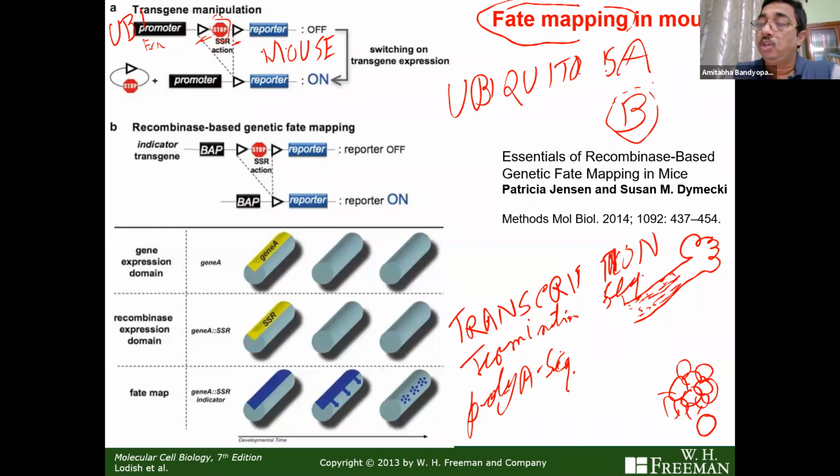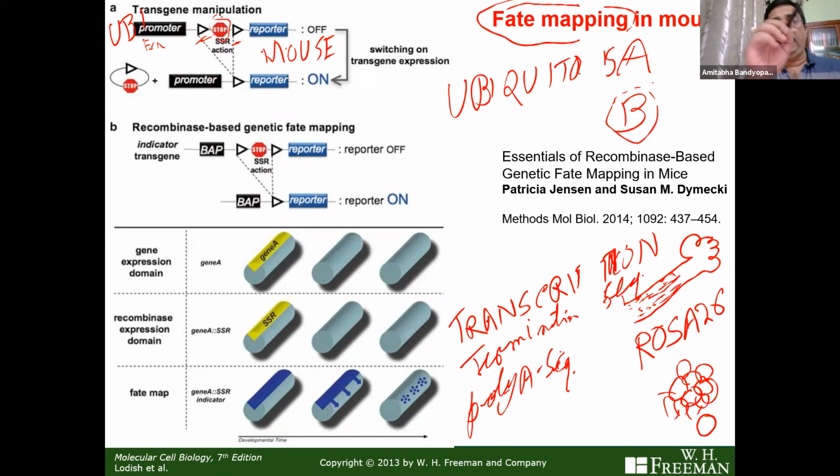The one that is used is called ROSA26. This is the most commonly used promoter enhancer for fate mapping. ROSA26 is a gene that is expressed in every cell type, so the ROSA26 promoter enhancer has the ability to drive expression of any gene in any cell type, right?